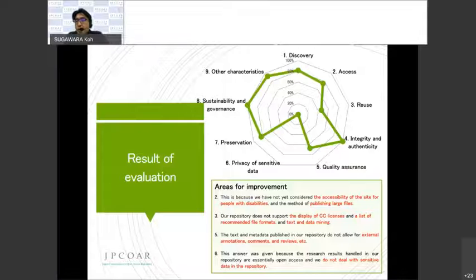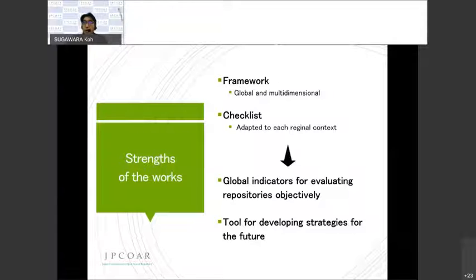By applying the checklist like this, we can understand the strengths and weaknesses at a glance. Why not try such an approach with your own repository? Through the framework, we can see global trends in the requirements for systems and operations of open access repositories.